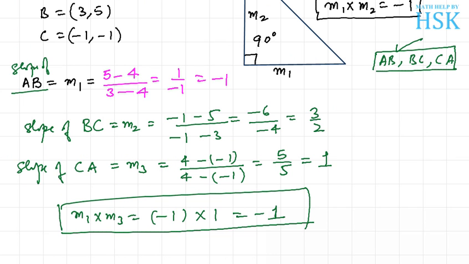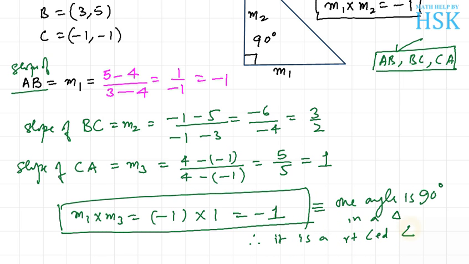So this implies that the triangle is going to have one angle as 90 degrees, so it will be a right angle triangle. So you can write here, this implies that one angle is 90 degrees in a triangle. Therefore, it is a right angled triangle. So this is how we are going to prove it.